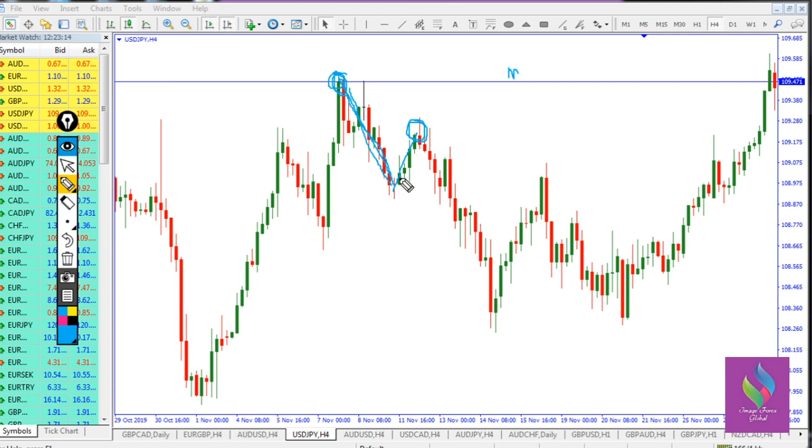Now, what is the level of pullback? Okay, do we have a pullback that is commensurate with the movement of the big guy? Okay, if your movement is 100% and you have a pullback of about 70%, you want to ask why.